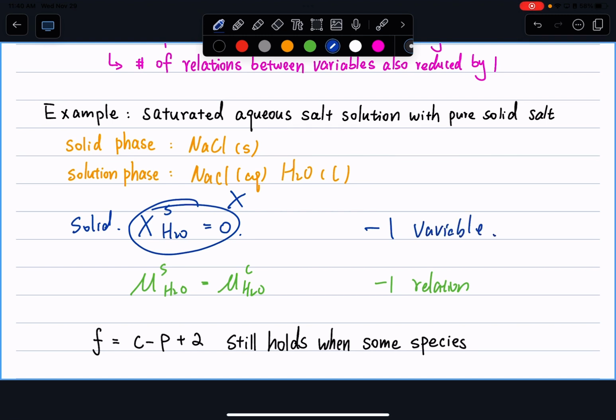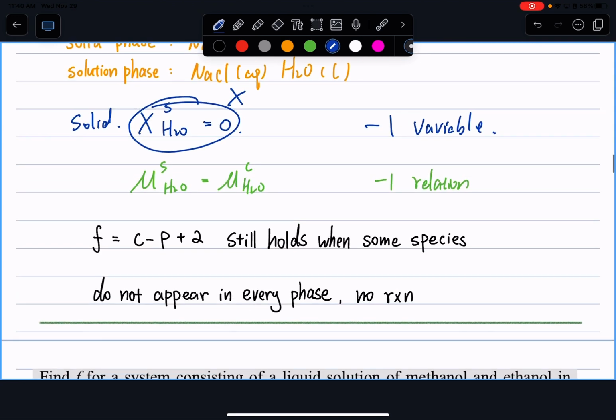So this is just one of the examples to demonstrate that you don't necessarily need to have your chemical species present in every phase. And this F equals C minus P plus 2 will still hold true when some of your species do not appear in every phase. Still no reaction, but we don't care if you have that species in every phase.